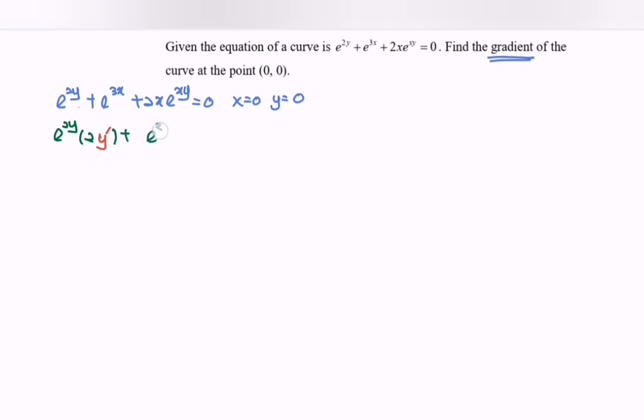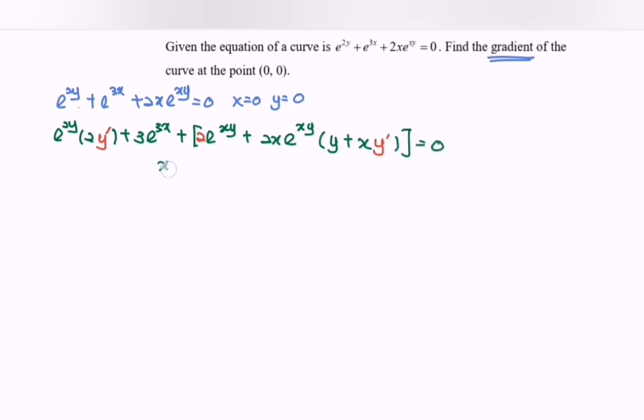Plus e^(3x), we have the 3. Plus we have the situation, bracket e^(xy), differentiate the 2x and we will have the 2. Plus we have the 2x, differentiate the exponent, we have e^(xy) bracket. Again, product rule. We have the y plus x, then we have dy/dx, which equals 0.